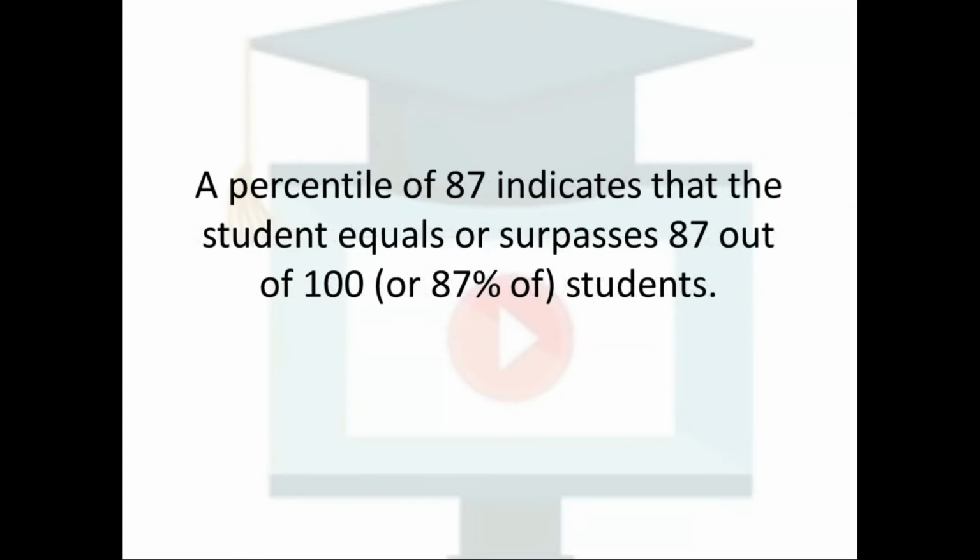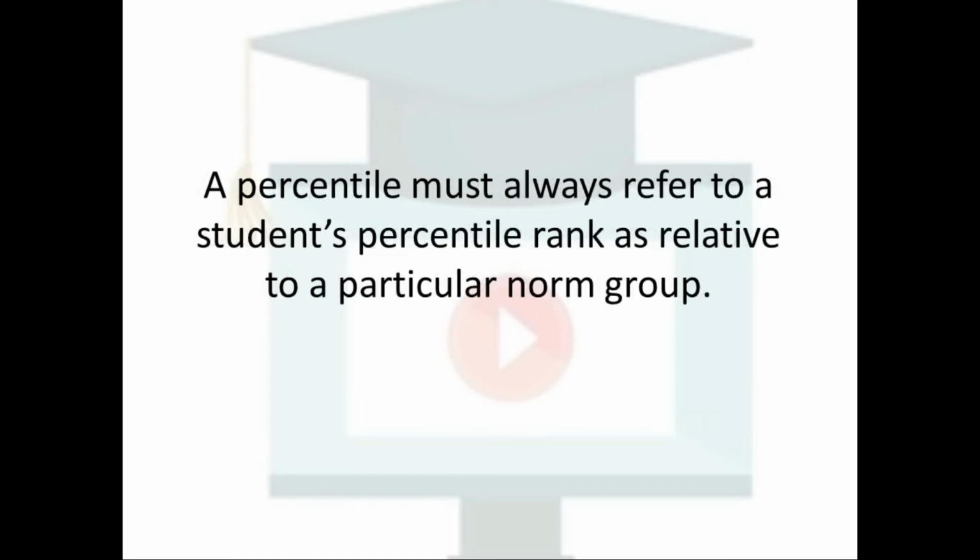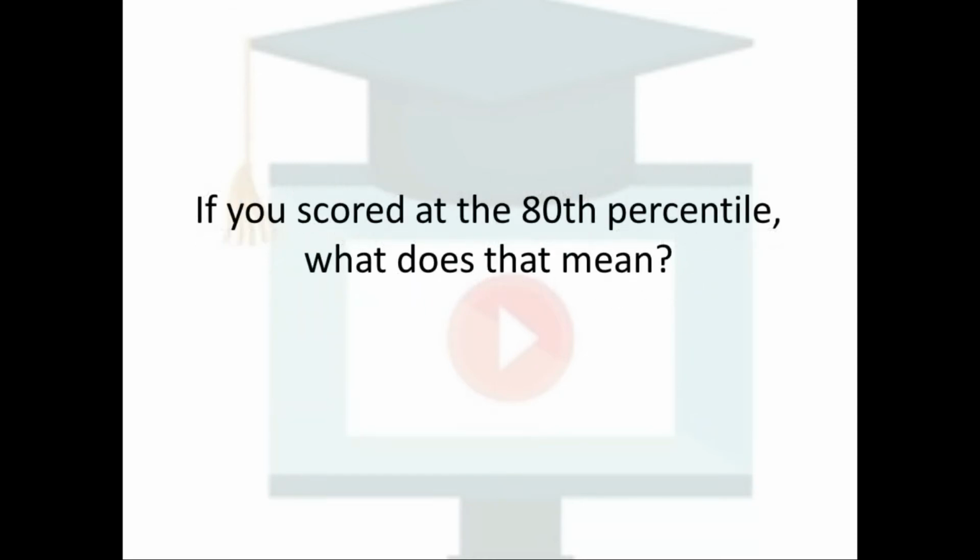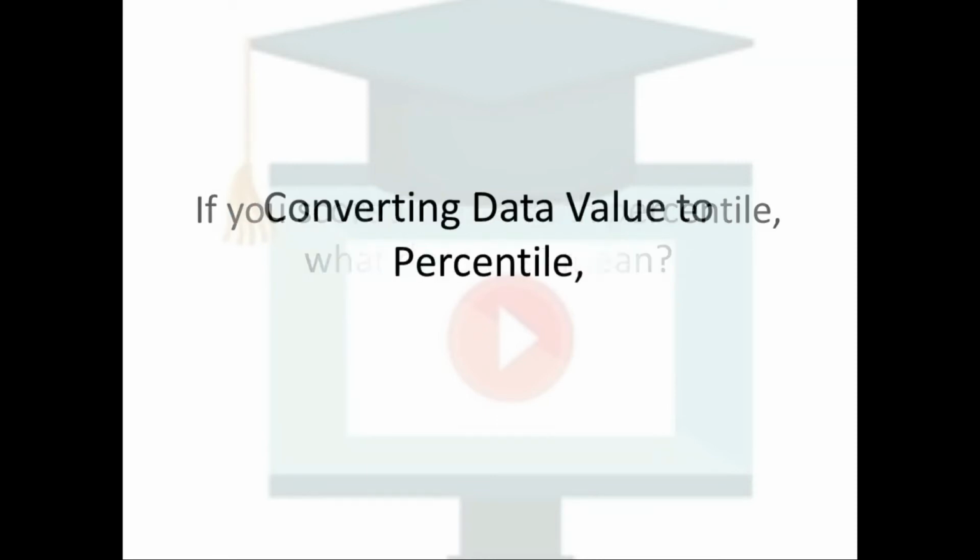A percentile of 87 indicates that the student equals or surpasses 87 out of 100, or 87% of students. A percentile must always refer to a student's percentile rank as relative to a particular norm group. If you scored at the 80th percentile, what does that mean?